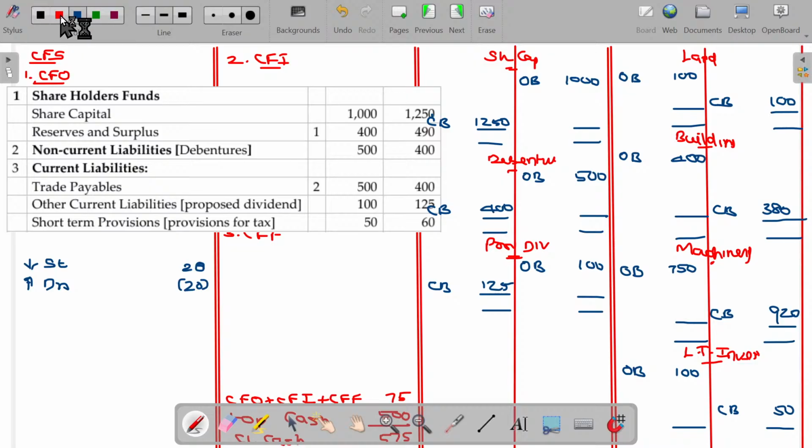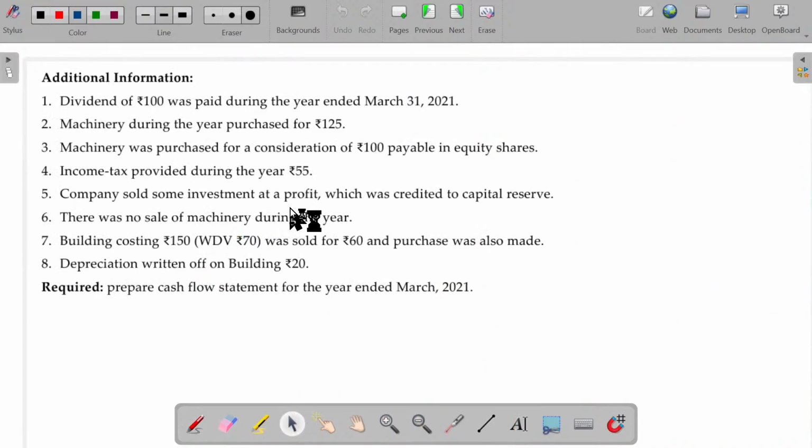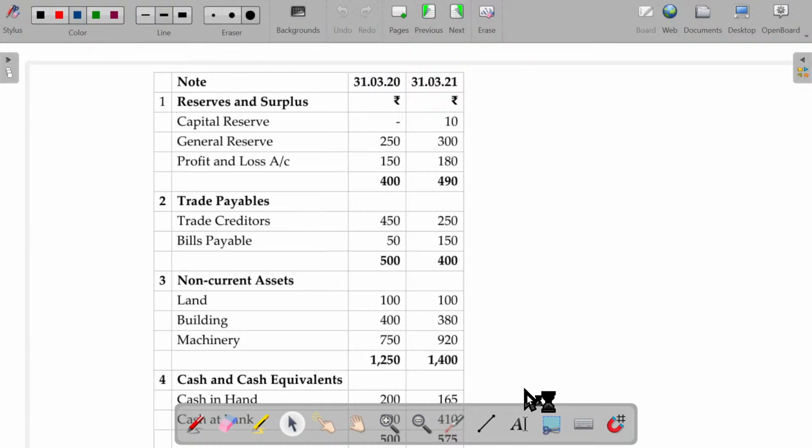Similarly, short-term provisions, provision for taxation, opening balance 50, closing balance 60. Clear? Go to schedule number 1 and 2.